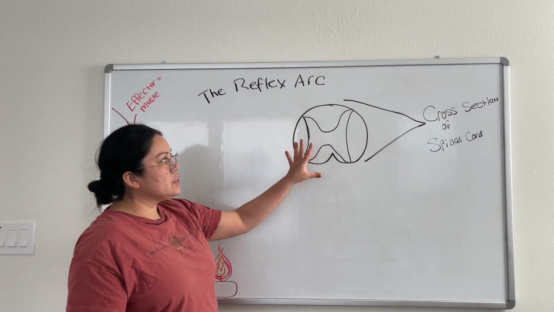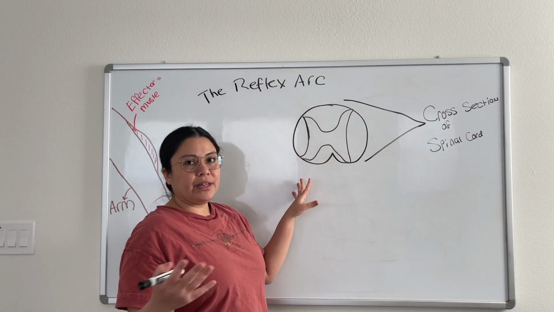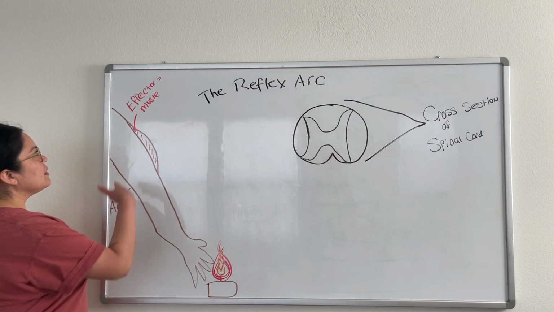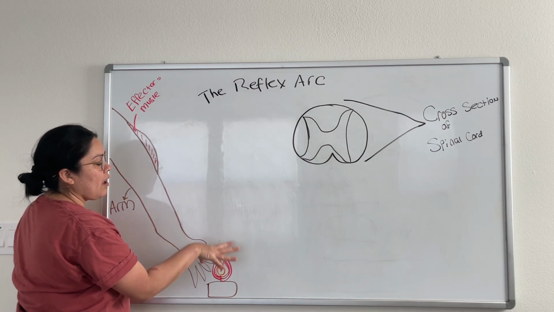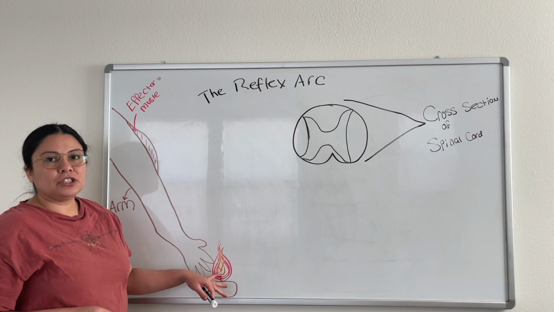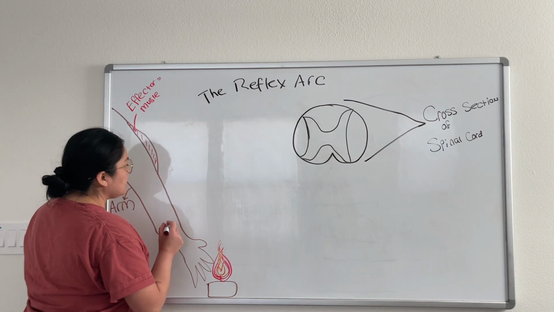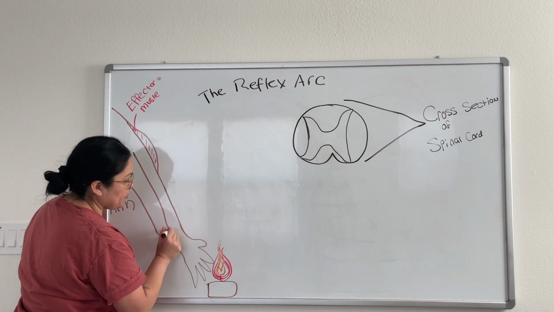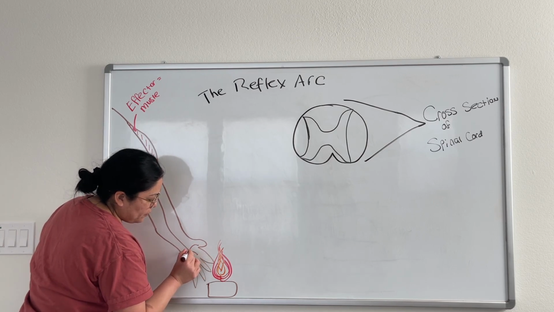So first of all, this is a cross section of the spinal cord within the CNS. And then this here is an arm. This is a muscle. And here this person is touching something hot, accidentally touched the fire on a candle. The first thing that's going to happen is there is a nerve in here, and there are dendrites on this nerve.